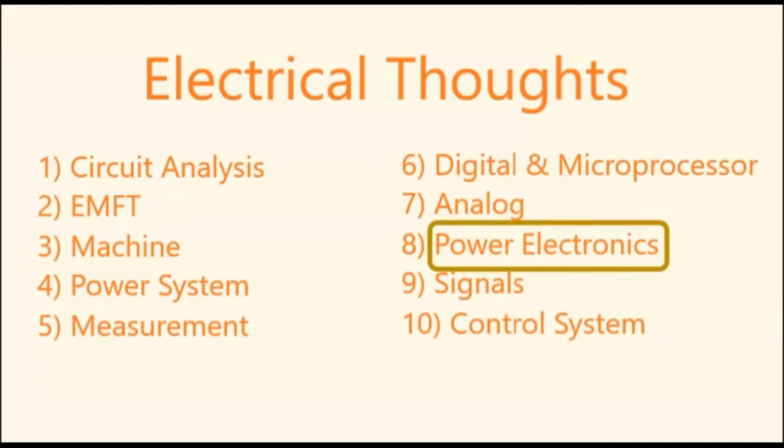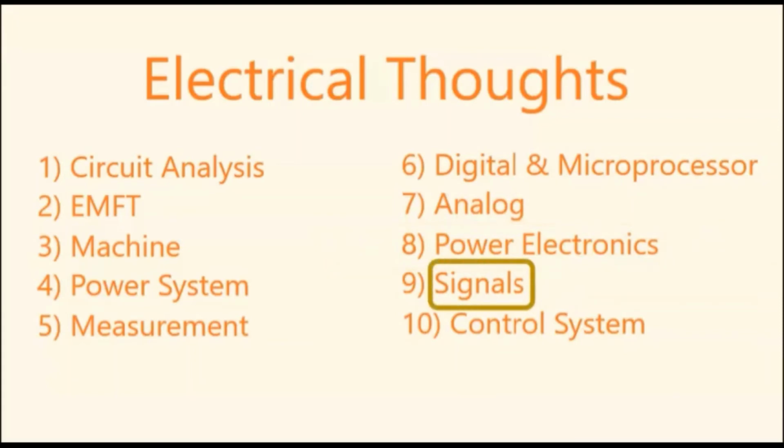Along with the introduction to power semiconductor devices, we will study DC to DC, AC to DC and DC to AC converters. Then comes signals and systems, which includes CTS, DTS, shifting and scaling, LTI and causal systems, Fourier series, sampling theorem, convolution, Fourier, Laplace and Z transforms.